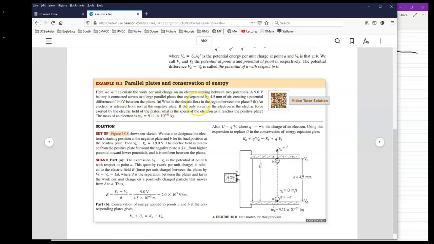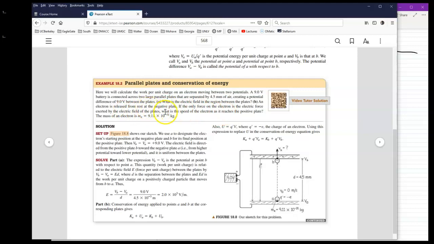What is the electric field in the region between the plates? He wants the electric field between the plates. B, an electron is released from rest at the positive plate. Aha, so it is sitting at the positive. That means it's already attracted at the positive plate.